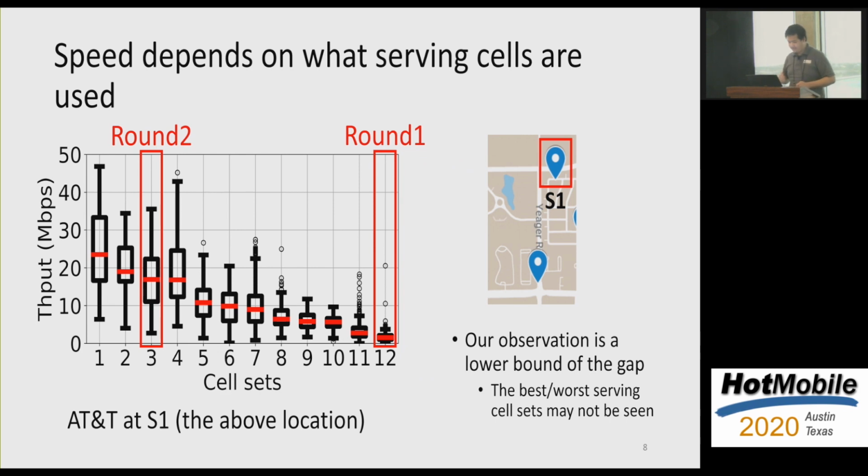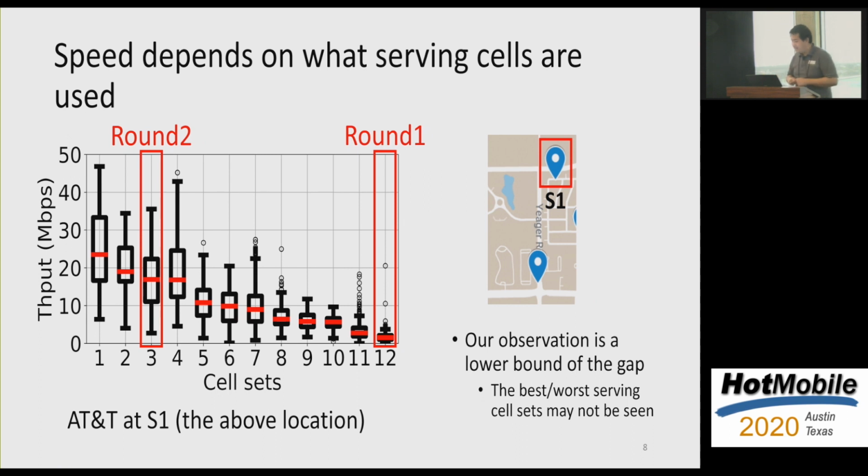Here is an example at location S1 in the suburban area. This is exactly the location where we got the previous example as round 1 and round 2. At this location, our mobile device can be served by 12 different serving cell sets, and the downloading throughput is different when our mobile device is using different serving cell sets.